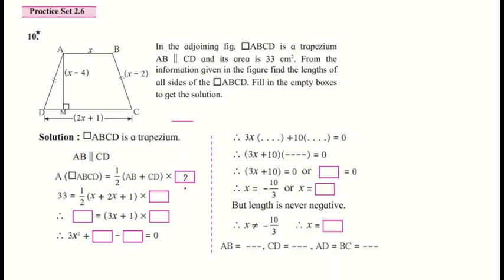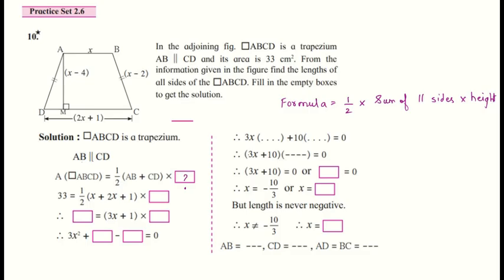This is the formula of a trapezium. Even this formula is covered in 9th standard, but I am going to write it down for you. Half into sum of parallel sides into height. So it is already given, half into sum of parallel sides.